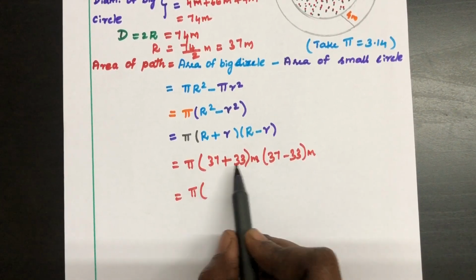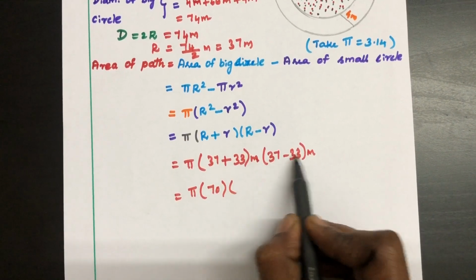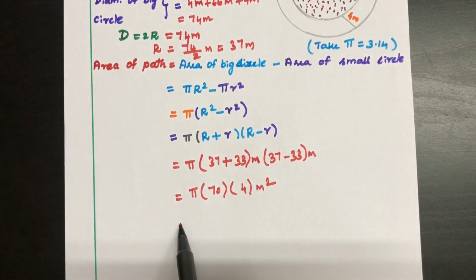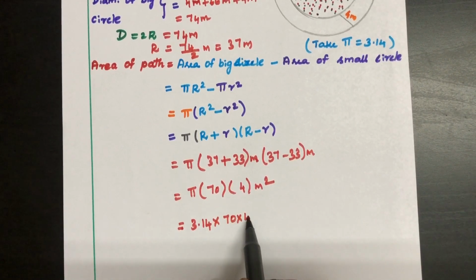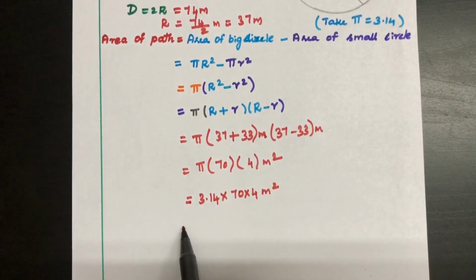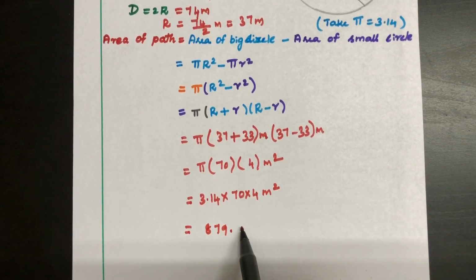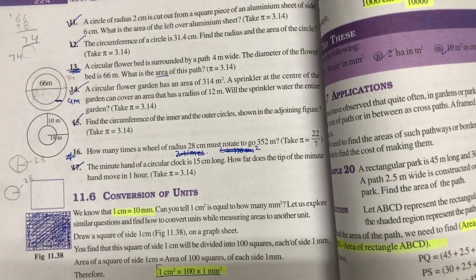So 37 plus 33 is 70 into 4 meter square. So this is 3.14 into 70 into 4 meter square. This gives us 879.20 meter square.